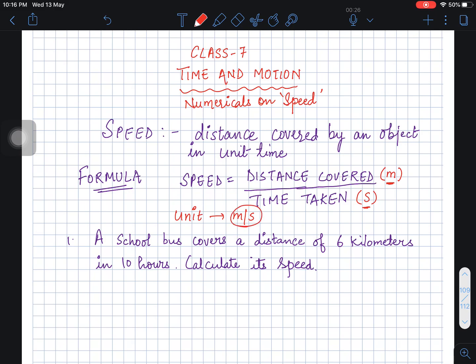But it completely depends upon in what unit the distance and time are given. If the unit of distance is kilometer, and time is in hour, the unit will be kilometer per hour.